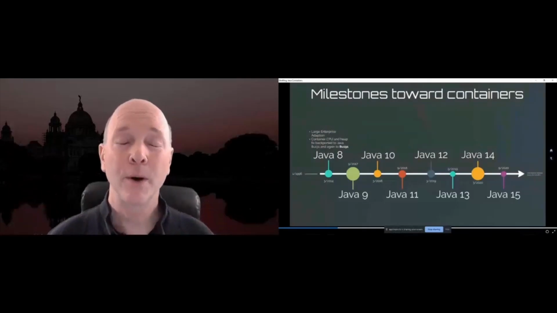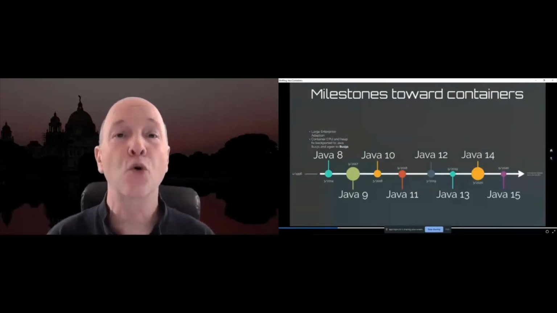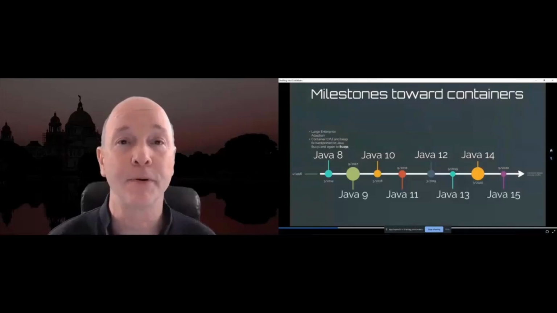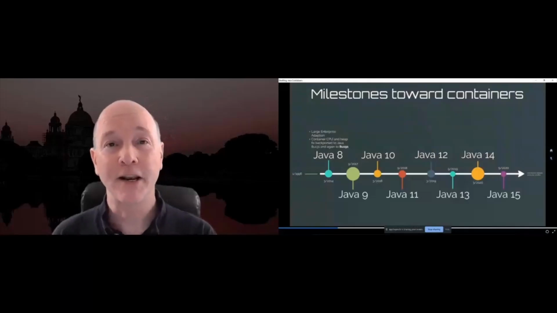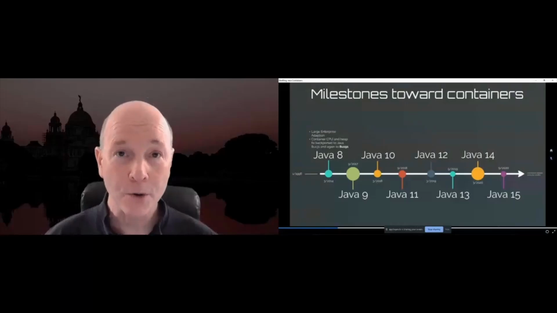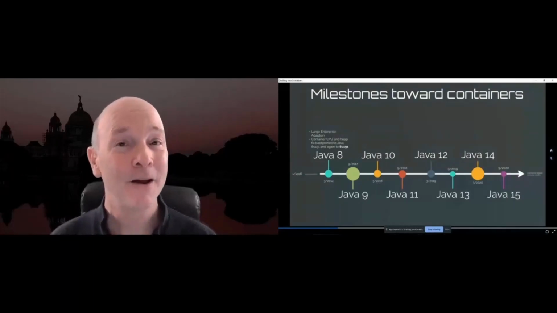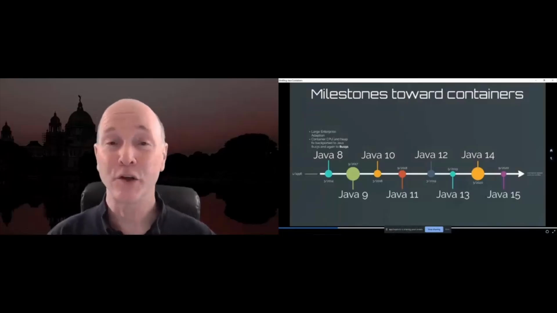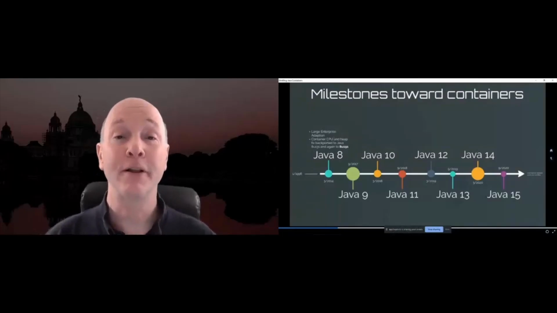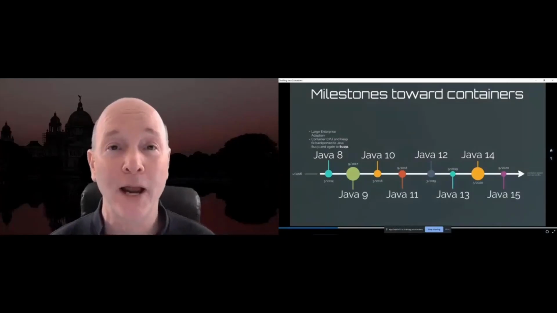So what happens when you run that Java application is, if you don't give it any parameters, it will take, by default, a quarter of the heap. So when you ran Java in a container, it was taking a quarter of the heap of the entire node, rather than a quarter of the heap of what was available inside the container. So the application and the JRE actually thought it had a lot more memory than it actually did. So it would run, and then sometimes it would hit a ceiling, and it would actually crash pretty horribly.